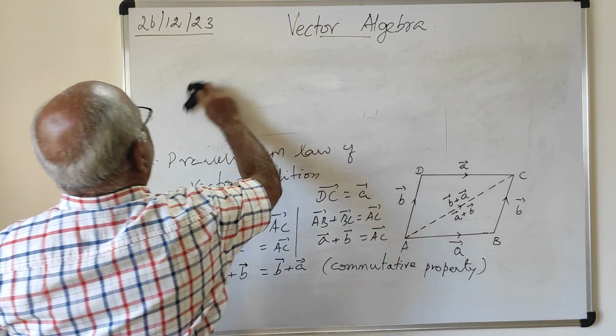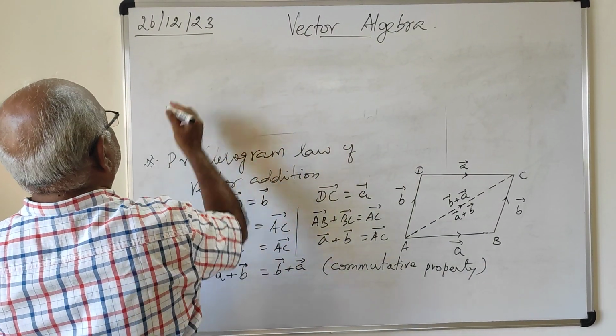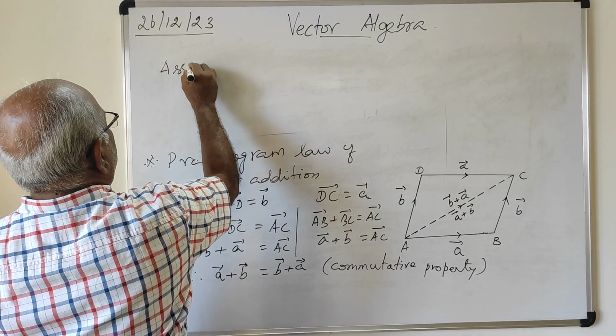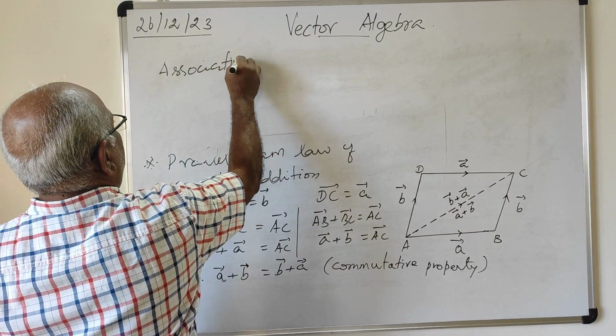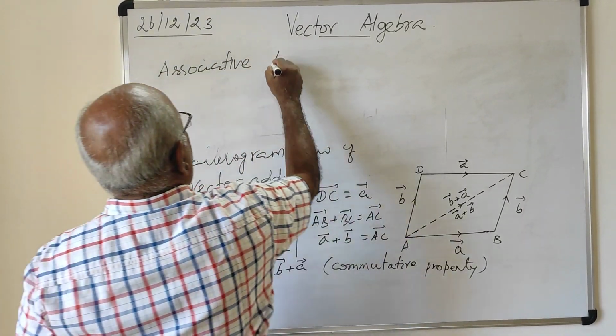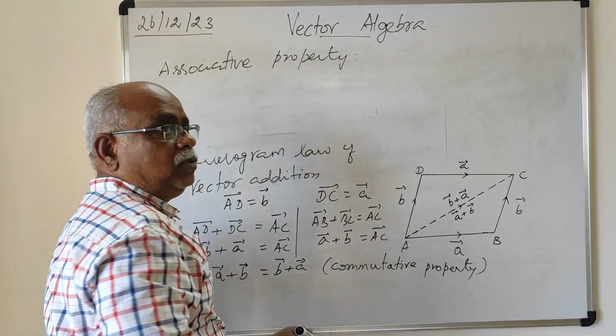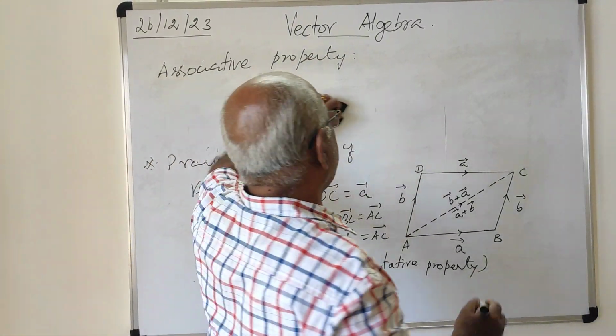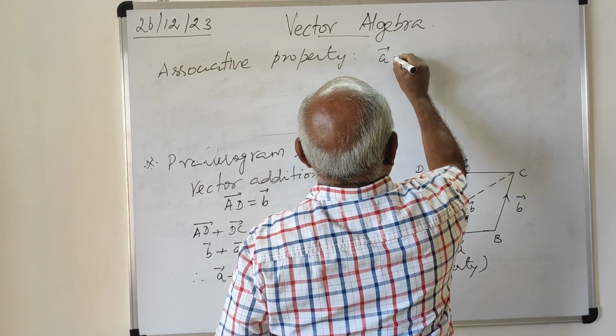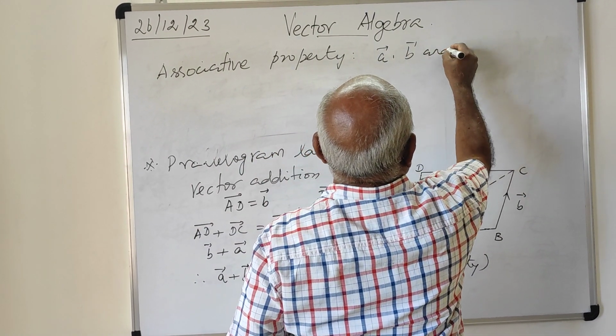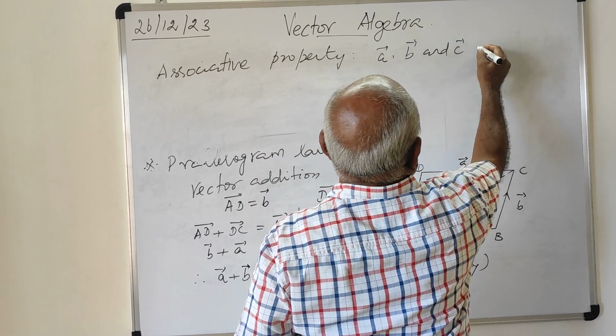Next property, the associative property. Suppose you have three vectors A, B and C, or any three vectors.